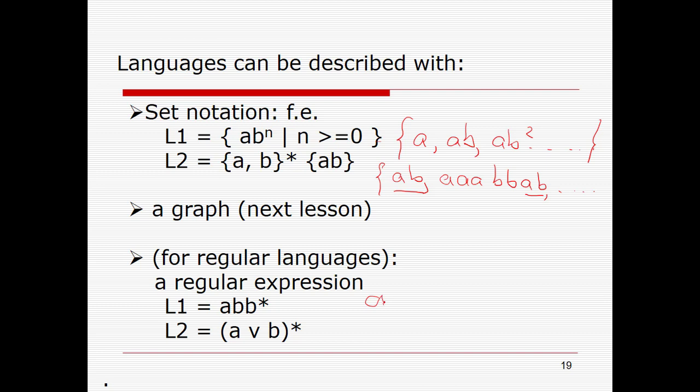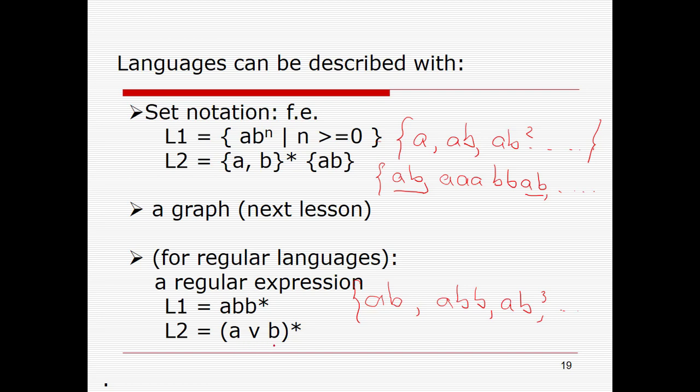If we start with a, continue with b, and then choose as many b's as we like, for instance none, because there's a star there, but we could also do 2 b's or 3 b's, etc. So the language which is formed with those words is the complete language L1. So it's based on a prescription.